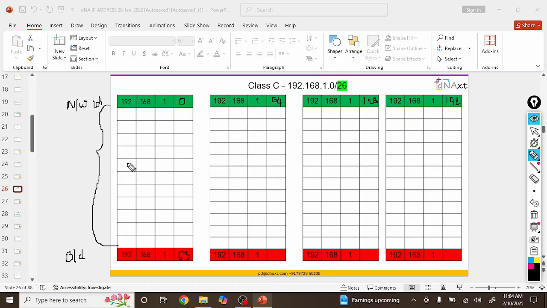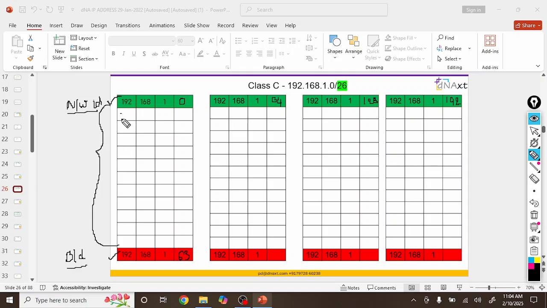From 192.168.1.0 to 192.168.1.63. But these two IP addresses are reserved, one for the network ID and the other for the broadcast ID.